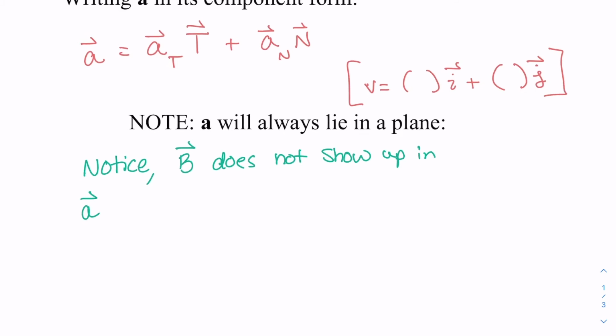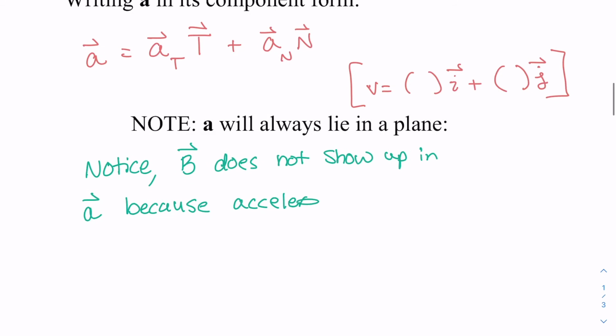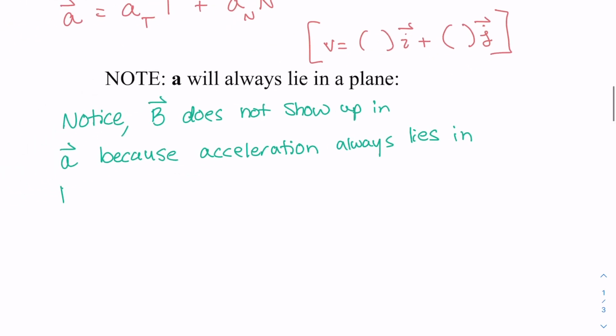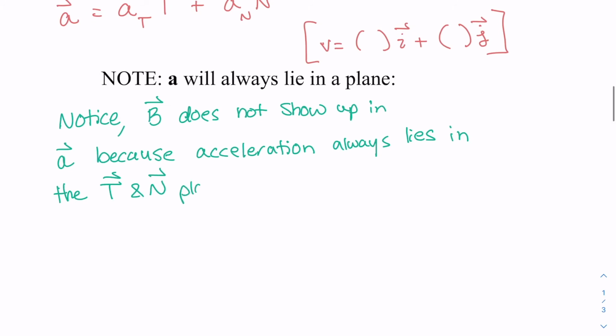So there's never going to be a component of a in the B direction, because just as a property of acceleration, acceleration always lies in the T and N plane. It's always going to be in the plane spanned by those two vectors. And do you remember we have a name for that plane? It's called the osculating plane.